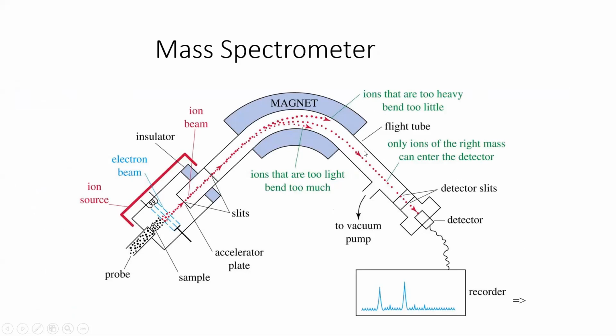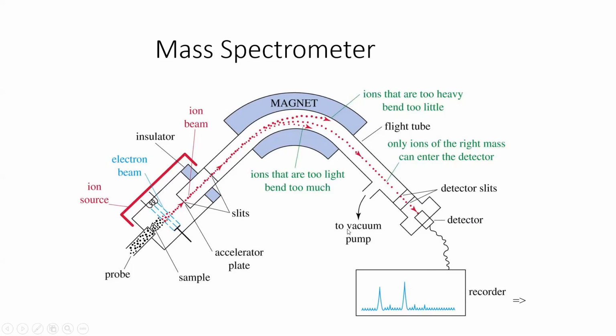One thing to also know is that the mass spectrometer is always kept under vacuum. As each ion arrives at the detector, there is a recorder that picks the signal of each ion as it arrives. This is connected to a computer, and you have a visual display unit where your spectra is seen.